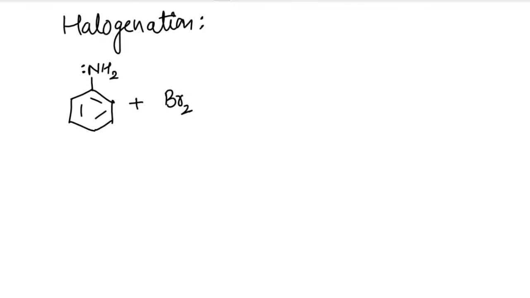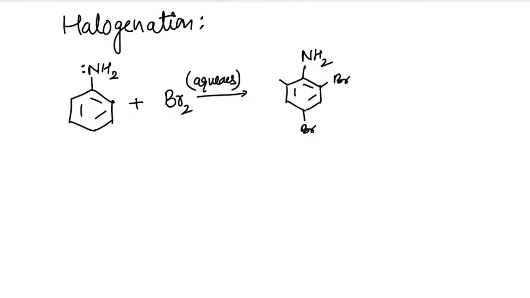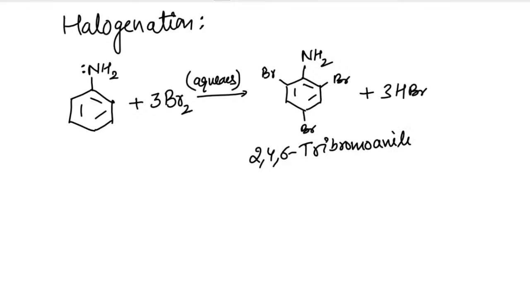So on bromination in aqueous solution, or we can say in bromine water, all the three positions, ortho as well as para positions, are substituted with bromine, along with HBr, that is we get 2,4,6-tribromoaniline.